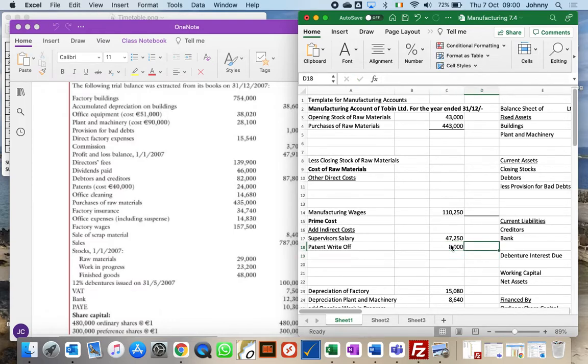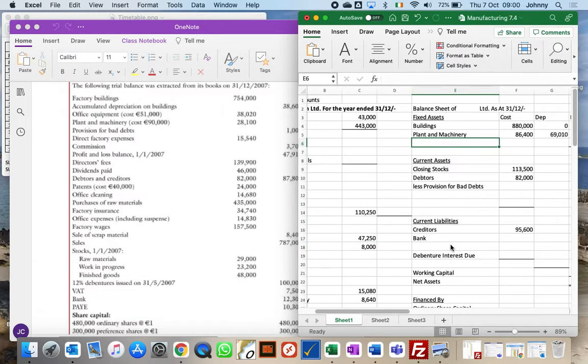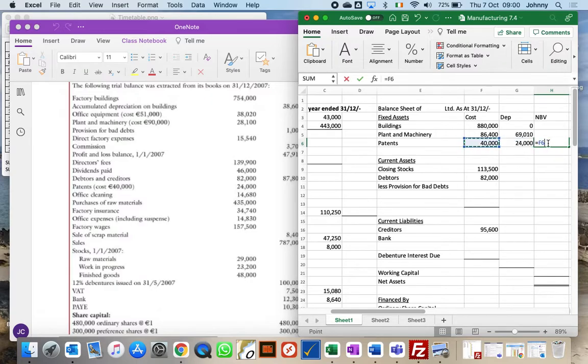And in our fixed assets, we're going to have patents. Patents were 40 grand originally. We've taken away 16 grand plus another 8 this year, so 24 grand, so the patents are now worth 16.